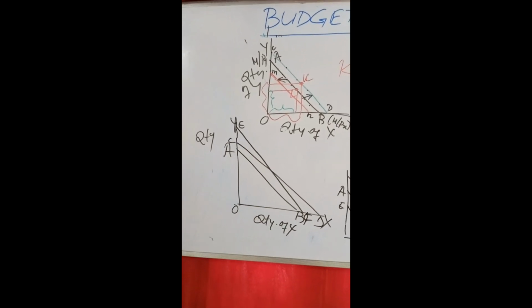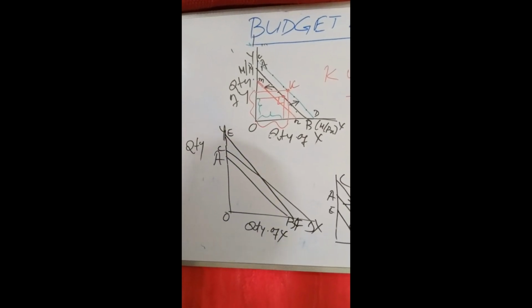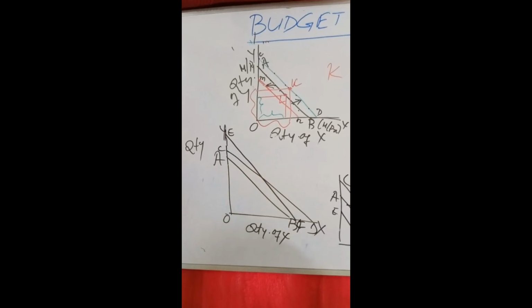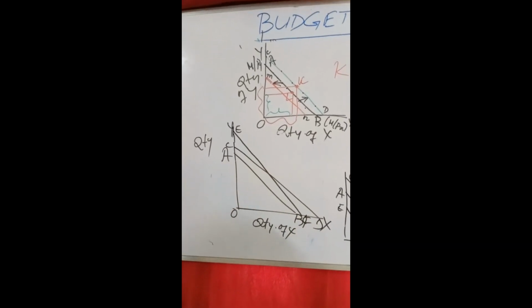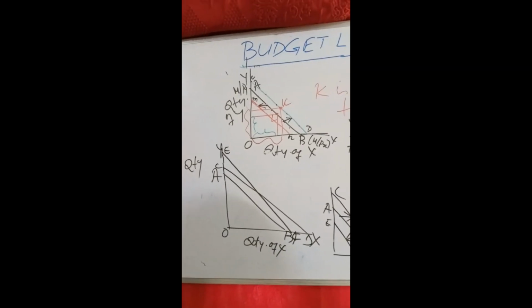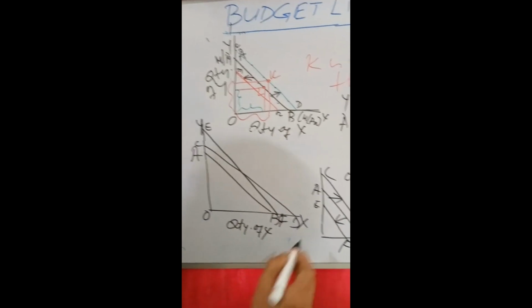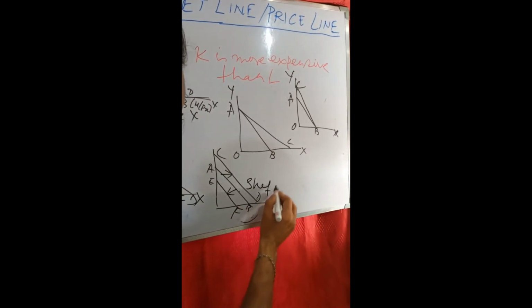Okay, so we have learned what is budget line, how budget line is drawn, what is slope of budget line, how slope of the budget line changes, and what is shift of budget line. This is called shift. This is shift of budget line.